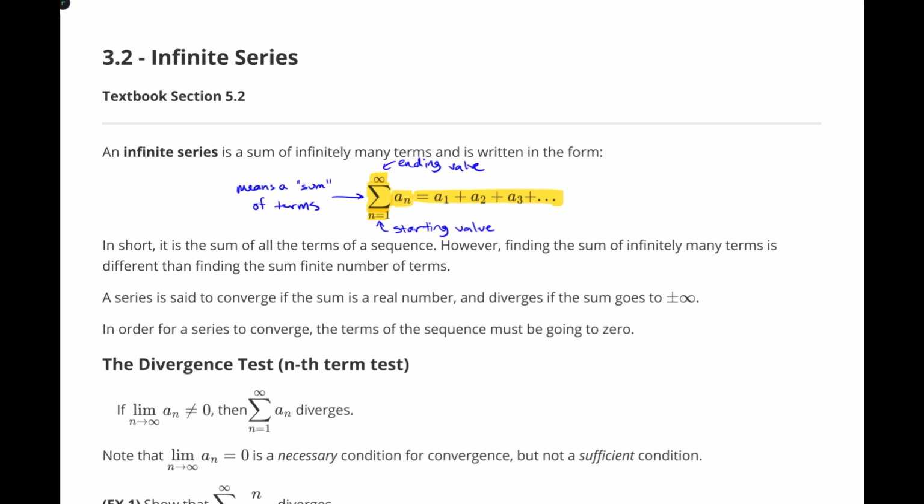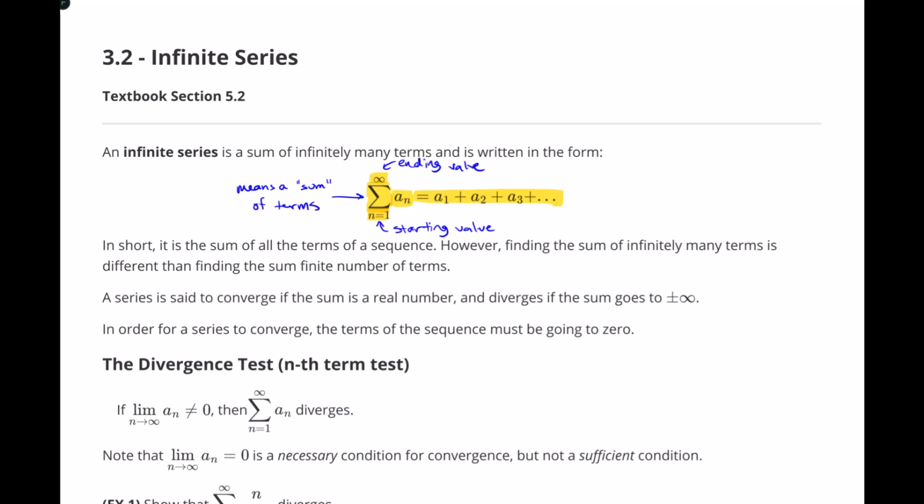But as we saw with integrals, and integrals are a type of sum, under the right conditions you can actually have an infinite integral that converges to a real number, and likewise we can have an infinite sum that converges to a real number.